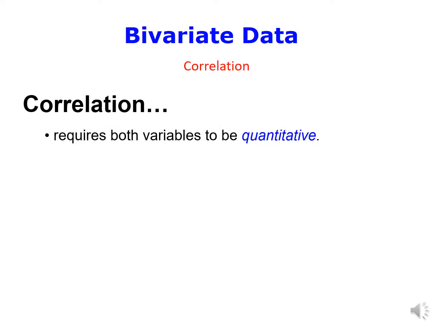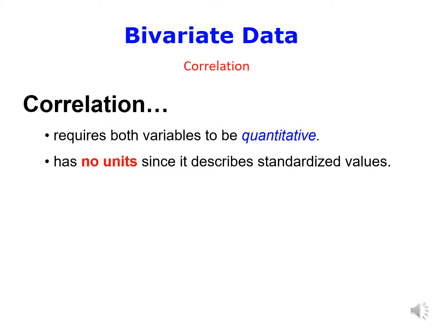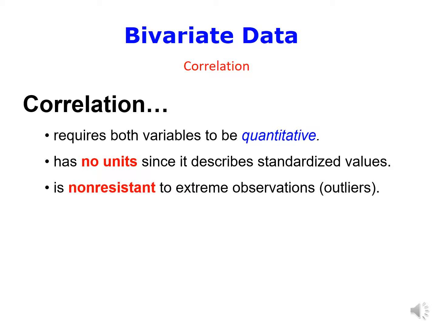So correlation requires both variables to be quantitative, and it has no units. Mathematically, you can see that because you're dividing things with units by the same thing, so the units all cancel out. And it is non-resistant to extreme observations or outliers. So if you have a scatter plot that's got a really good correlation, and then you add in this point up here, that point is going to affect your r value a lot if it really deviates.